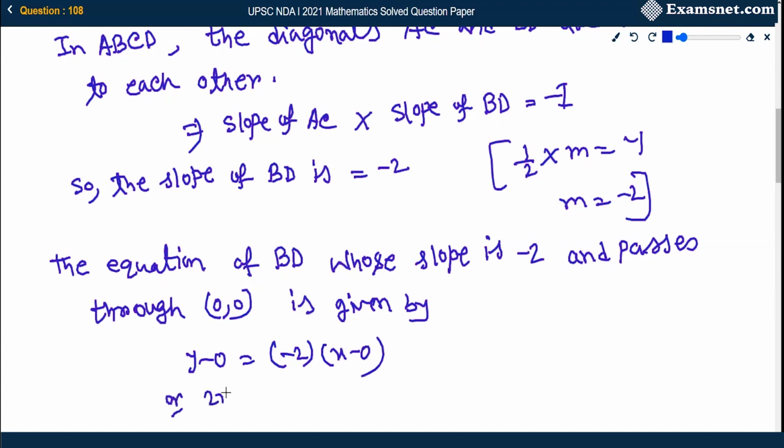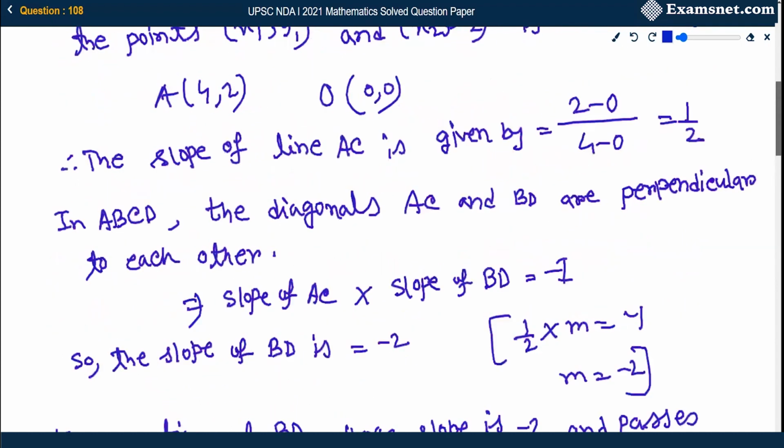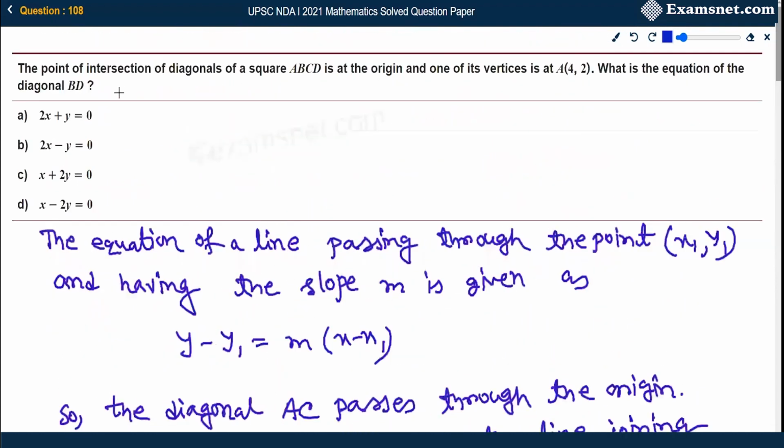So here 2x plus y equals 0. Now let's check with the options. Option 1, A, is the correct one: 2x plus y equals 0.